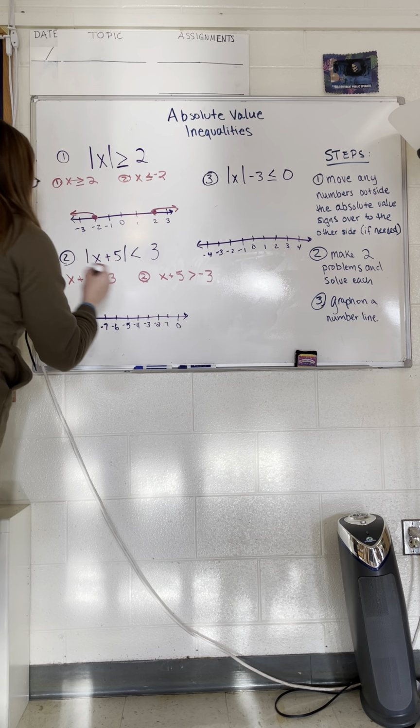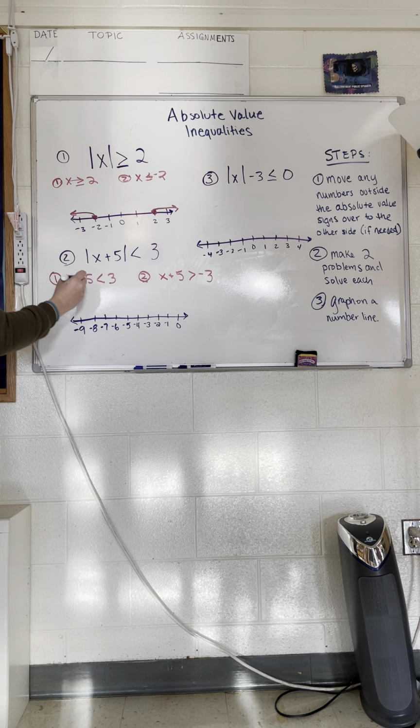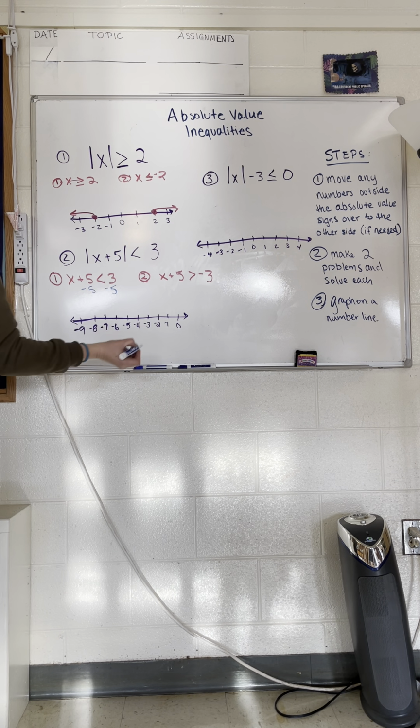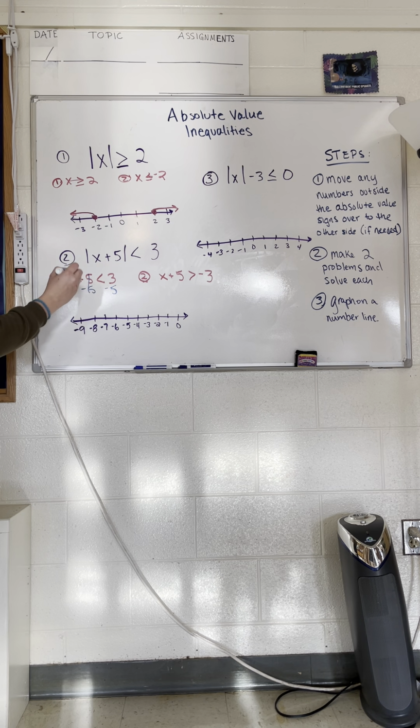So it's x plus 5, I'm going to subtract 5. Okay, that cancels, and 3 minus 5 ends up being a negative number. It will be x is less than negative 2, okay? That doesn't really look like a 2.